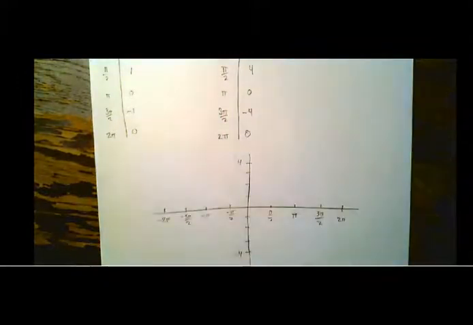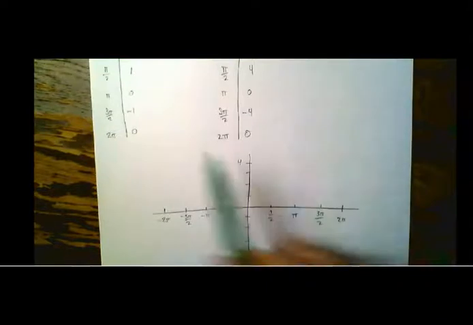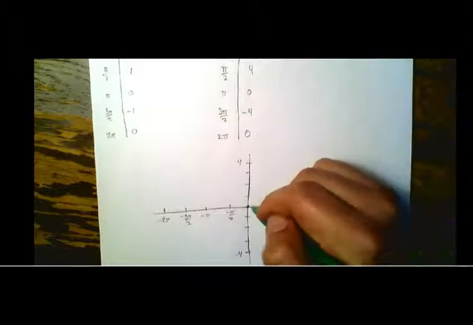All right, so what I'm going to do is graph both the sine function and the 4 sine function on the same grid. First I'm going to graph the parent function points, and then we'll see how the corresponding transformation has changed it. The basic sine graph starts at 0, goes up to 1, back to 0, down to -1, back to 0.